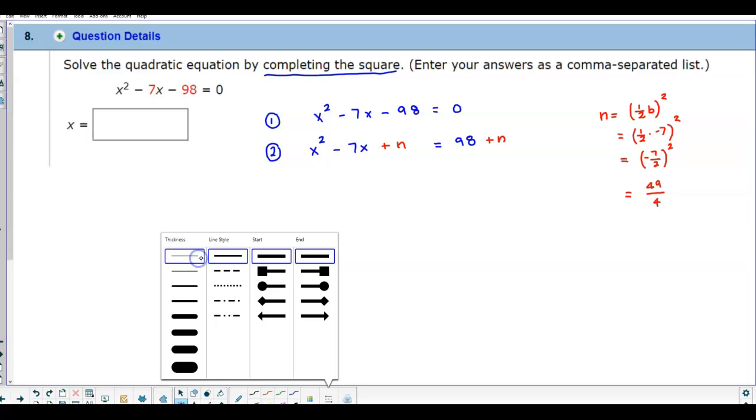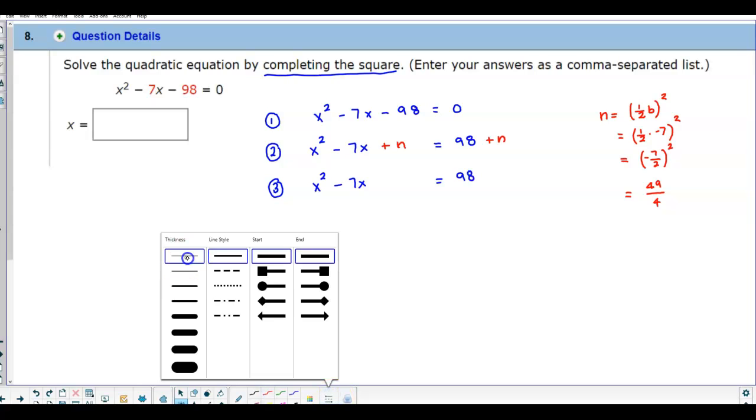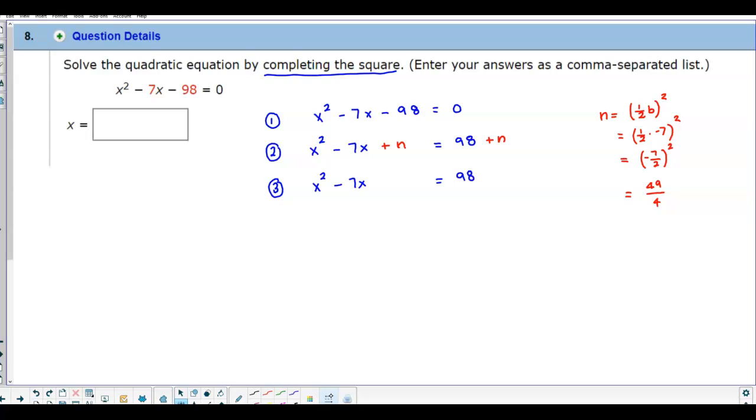So in step 3, we're going to write this as x squared minus 7x. And we got 98 here. And so we're going to replace n now to be plus 49 over 4. Plus 49 over 4.